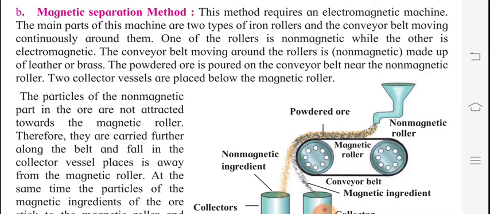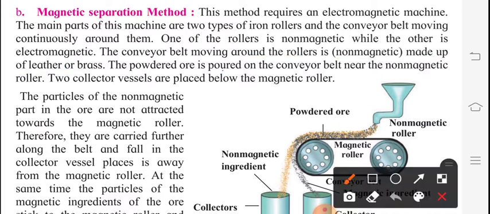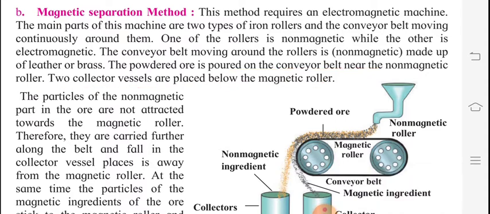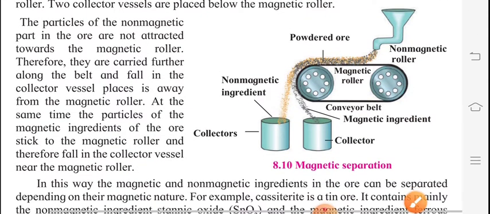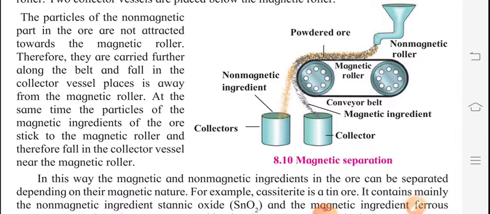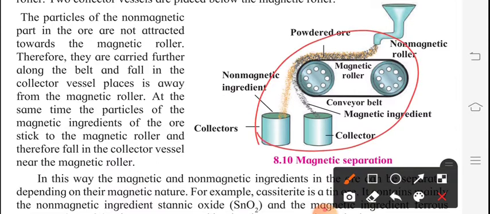The powdered ore is poured on the conveyor belt near the non-magnetic roller. Two collector vessels are placed below the magnetic roller. So here is the arrangement of the magnetic separation. You can observe this belt, and these are the two rollers, non-magnetic and magnetic.